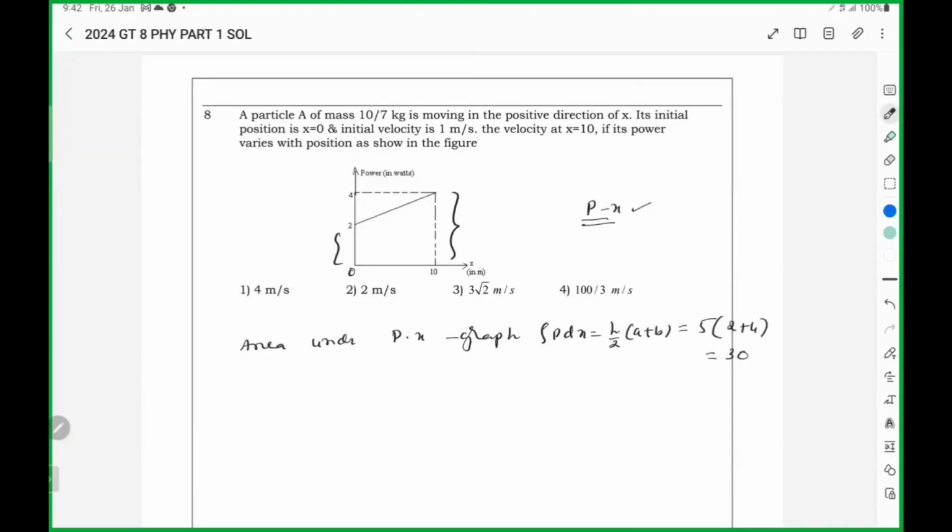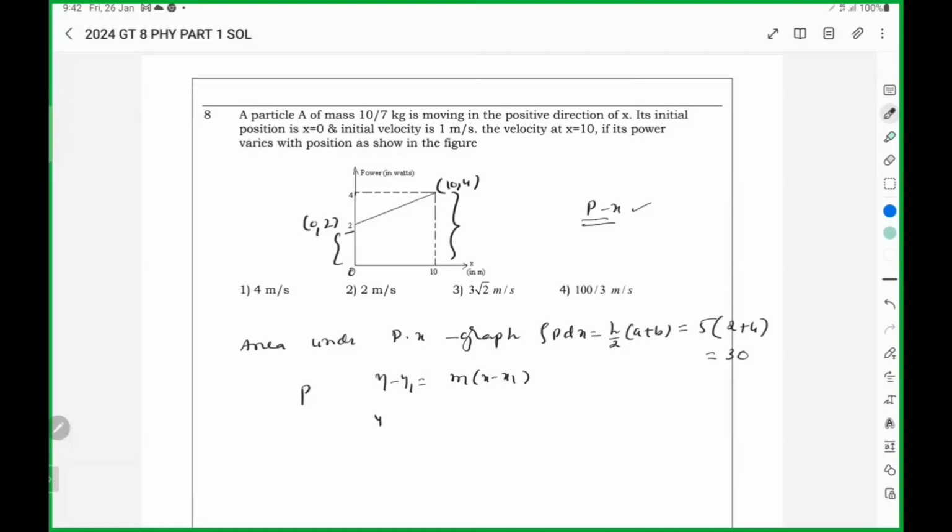Here, if you consider this as the x-axis and y-axis, on the y-axis, x is 0, 2. Here it is 10, comma 4. So power, the actual equation, y minus y1 is m into x minus x1.